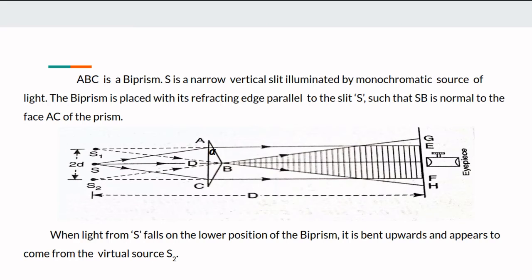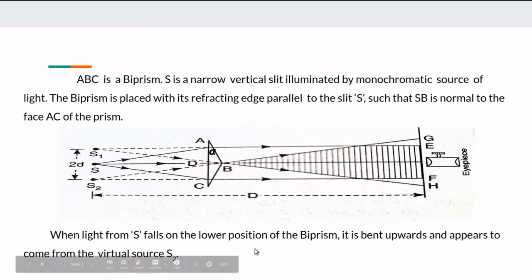Therefore, a single source is taken and it is divided into two wavefronts or two amplitudes. Then these two wavefronts are derived from the same wavefront and they satisfy the condition of coherence and interference fringes are formed.